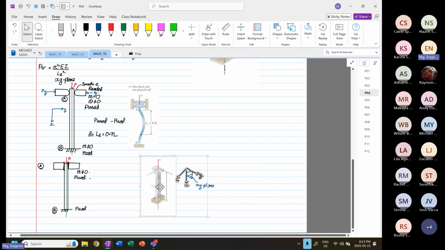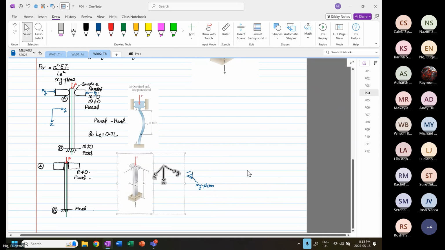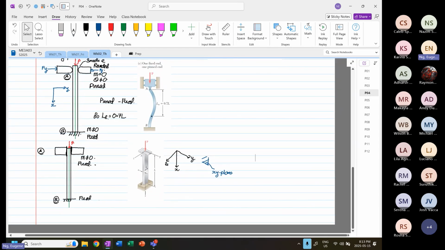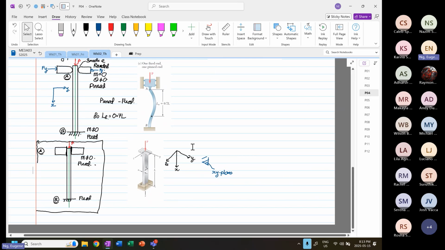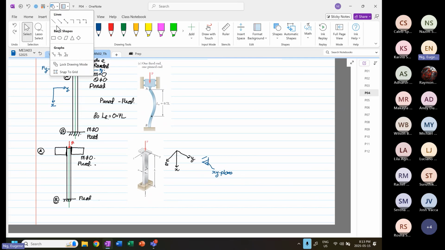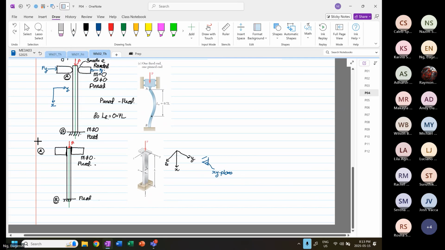I put this in a box. This is just to show you how fixed and fixed looks like. Not necessarily related to the problem that we have, and I don't want you to be confused. Put this in a box.